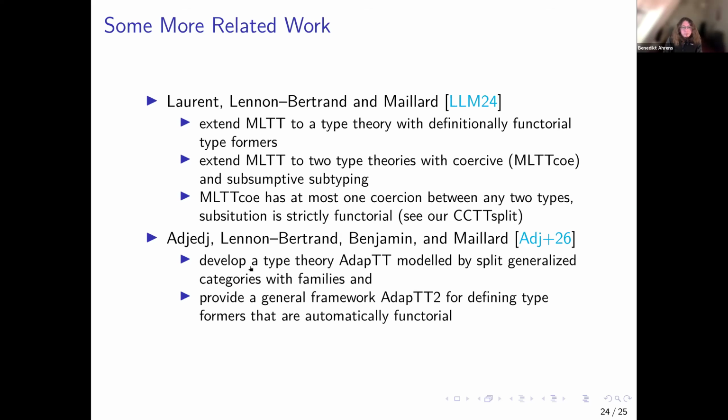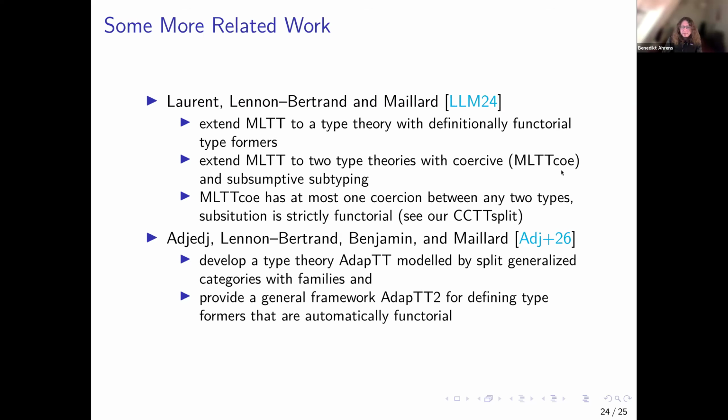Then there are two other works that I want to mention. I've mentioned this research group of French people, Laurent, Lennon, Bertrand, and Maillard. In a first paper, they develop three different type theories. They are interested in having definitionally functorial type formers. So they extend Martin-Löf type theory.